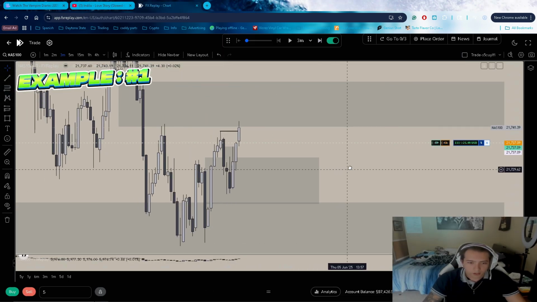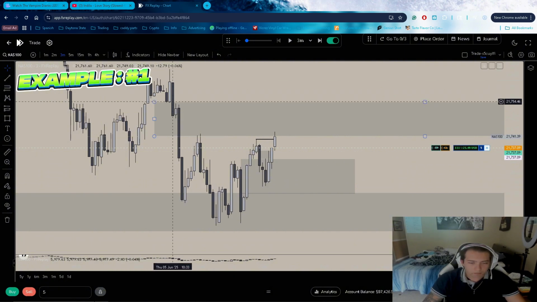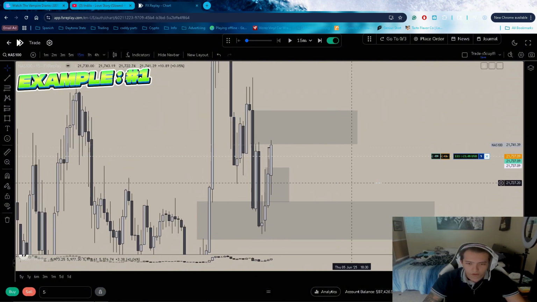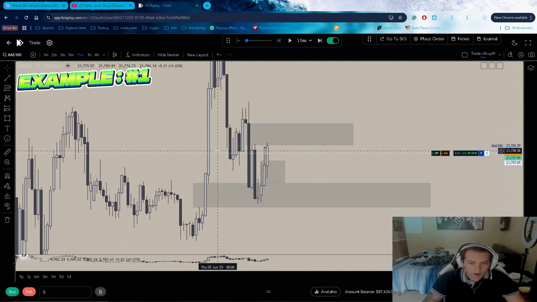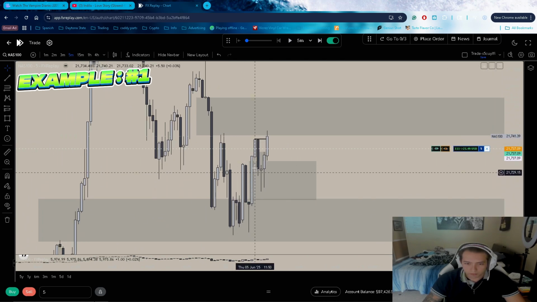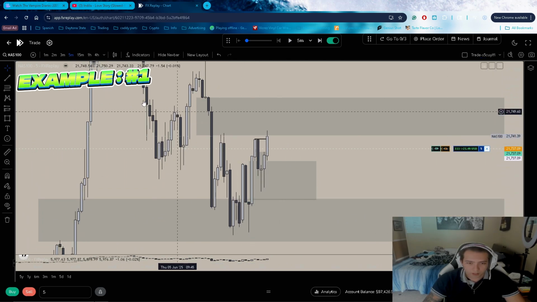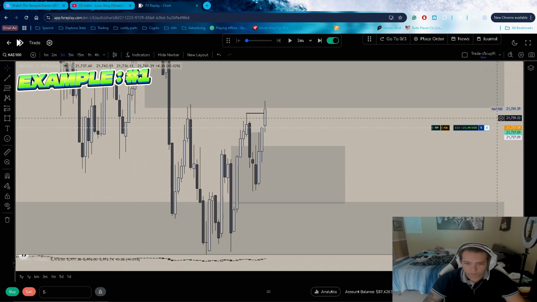Okay, so this is example one. No bias, just drawing random fair value gaps. So price came into this 5-minute fair value gap, and what we're looking for is a manipulation leg to get inversed.